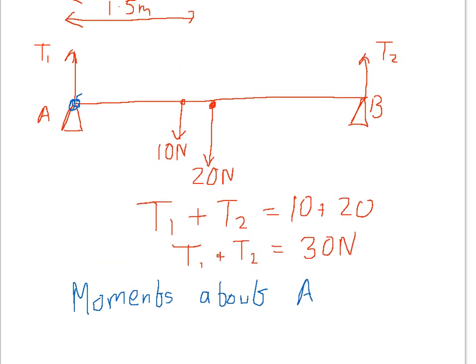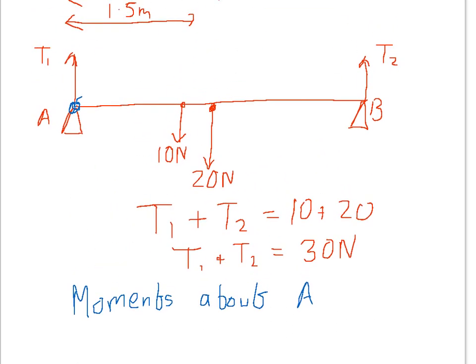Right, next step is we need to highlight which of our three forces are acting clockwise and which ones are acting anti-clockwise. So, clockwise is going to be the 10 and the 20, and the anti-clockwise is going to be the T2.